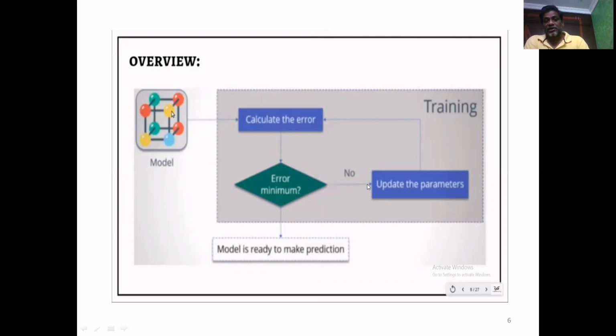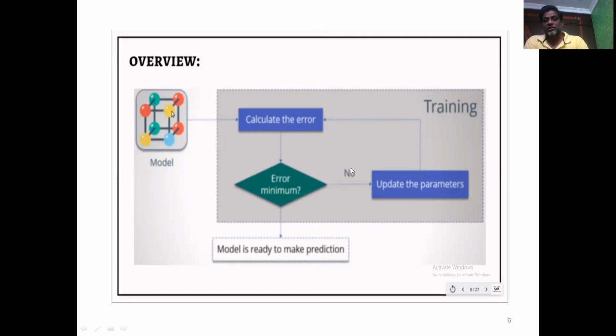Otherwise, we update the parameters by using the gradient descent operation, or backpropagation, let us say. And again, these updated parameters will be given back to the model to calculate the error. So this process, calculation of error, checking whether error is minimum or not, and updating the parameters, is repeated a number of times until the error becomes satisfactory for the corresponding model.